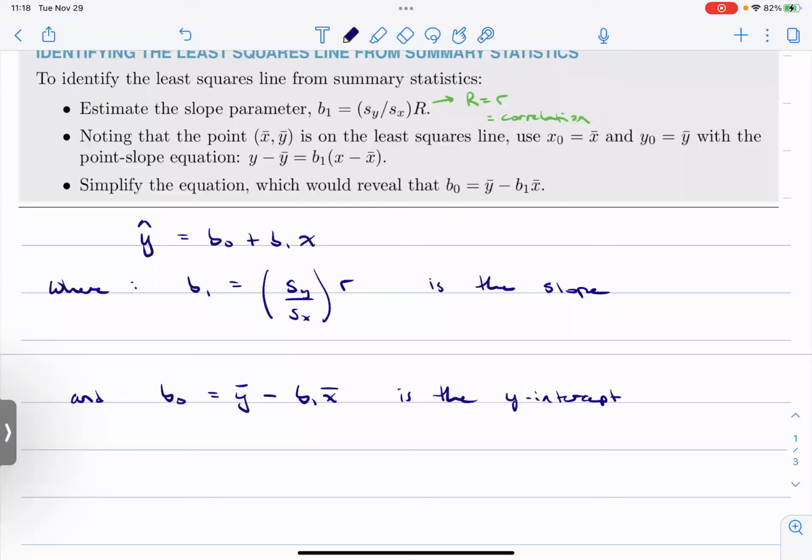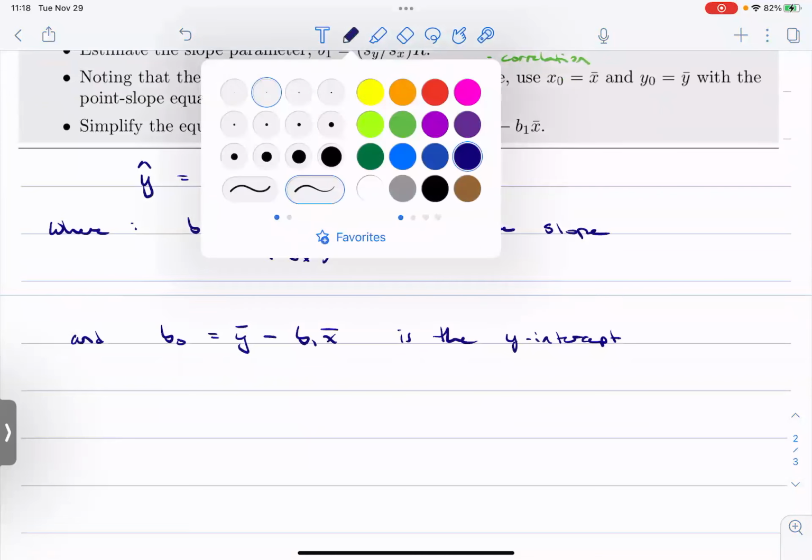To calculate these values, we need 5 things. We need the standard deviations of x and y. We need the correlation. And then I need the mean of y and the mean of x. So 5 things. I'm going to list those here.